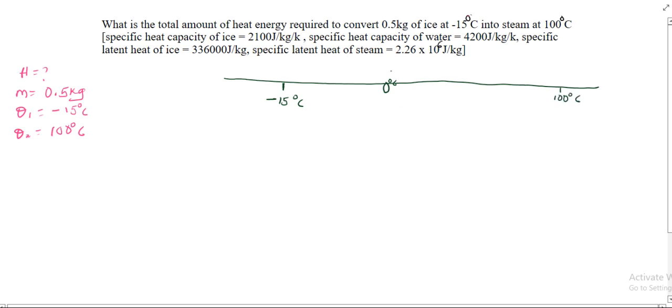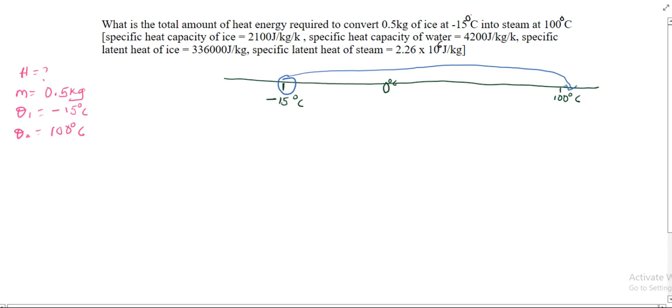To take it from this point up till where it will boil at 100 degrees Celsius and evaporate and turn to steam at 100.